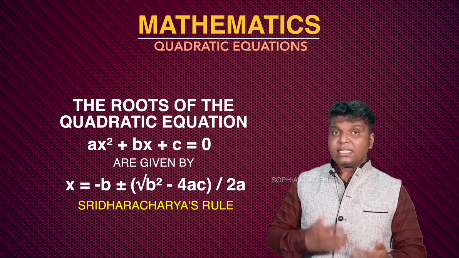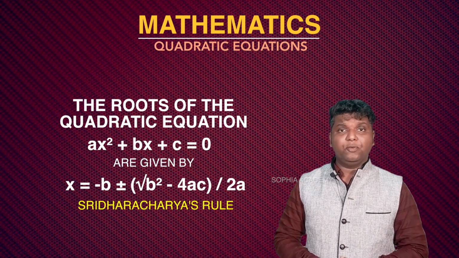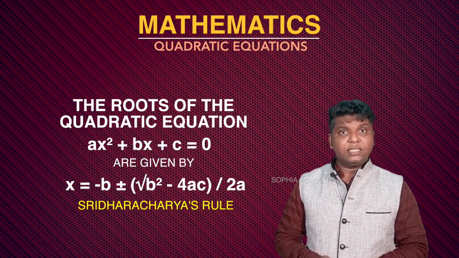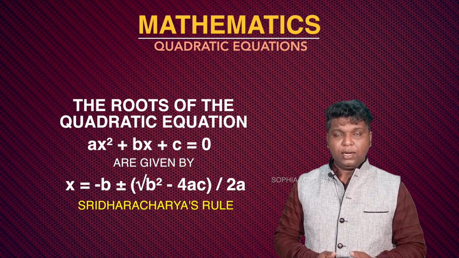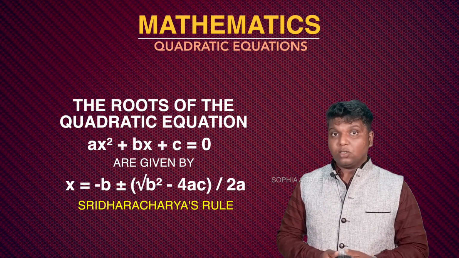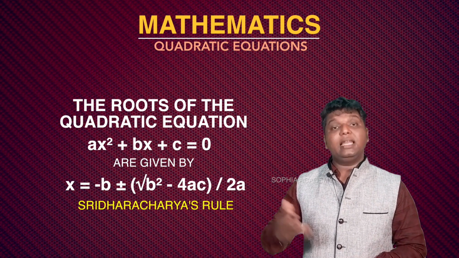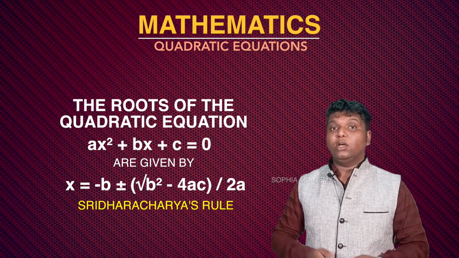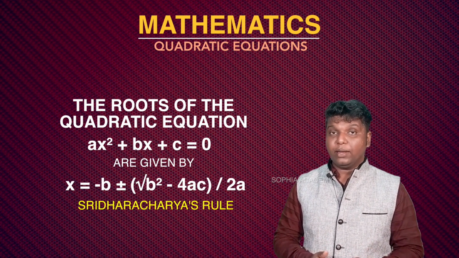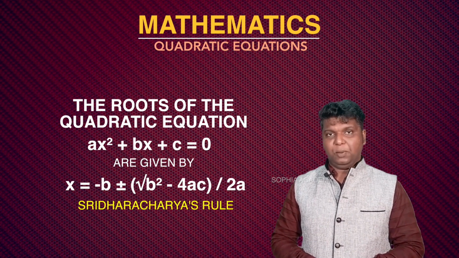It's the easiest method for whatever type of question you are getting. In the last class we studied splitting the middle term, right? But every time it is not possible to split the middle term. Thereafter they invented a new method to find the solution, and that's what we call completing the square. That's what I'm going to explain today.